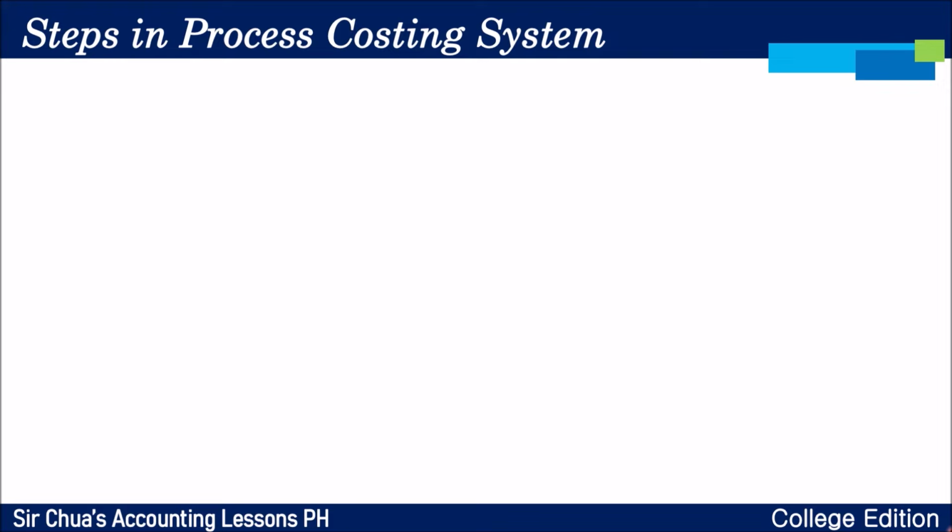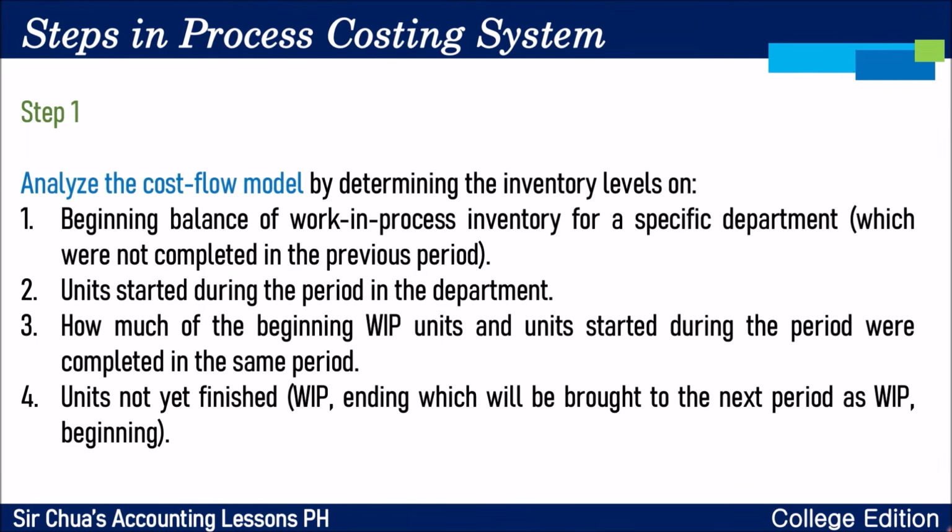Okay, so let's talk about the different steps that we need to follow in process costing system. The first one is i-analyze po natin ang cost flow model ng lahat ng inventory levels natin. Number 1, beginning balance of work in process inventory ng isang department. Sir, bakit nagkakaroon tayo ng work in process? Proseso naman yan eh. Yun na nga eh.